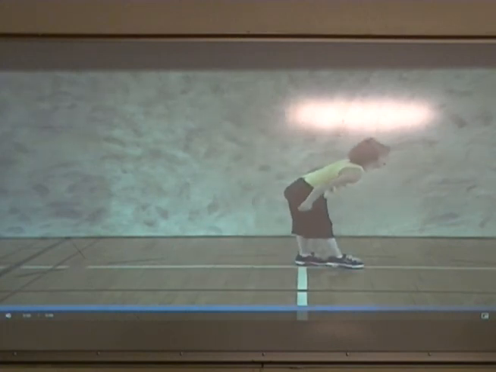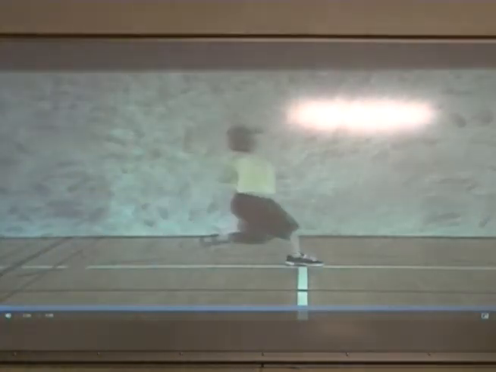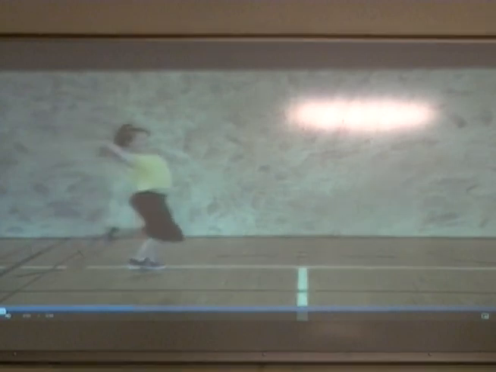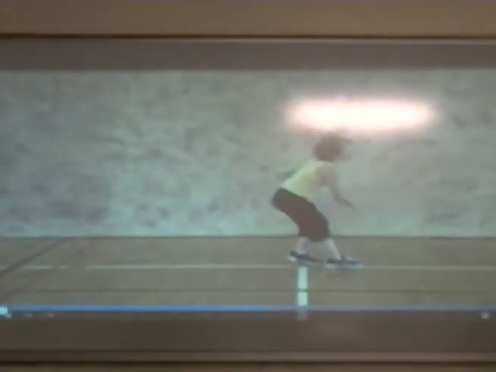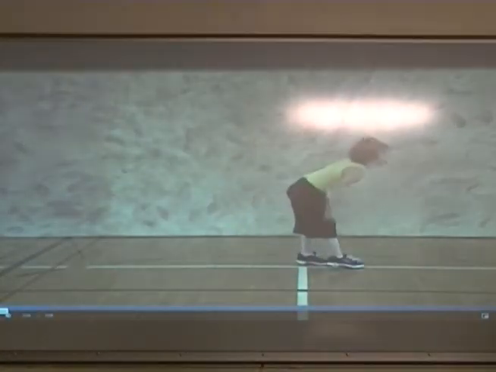Criteria 1, the wind-up is initiated with a downward movement of the hand and arm, but the film starts with her hand already up behind her head. So given the film, I would give her a no.